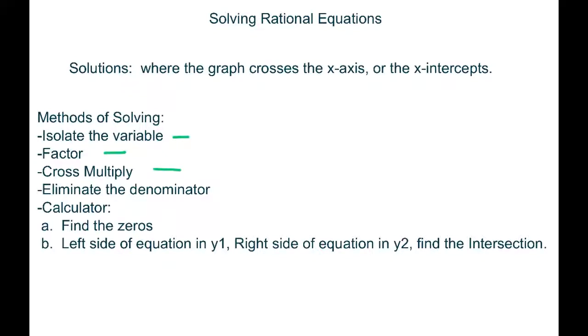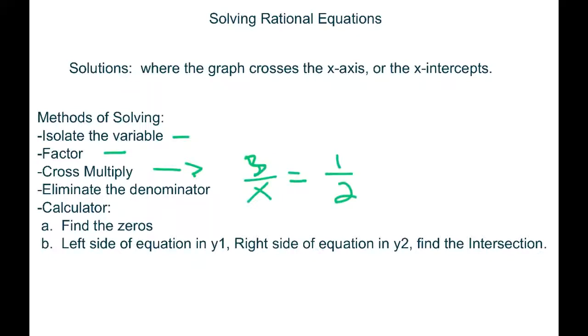This is something that we have done with fractions, remembering that cross multiplying can only be done across an equal sign. For instance, something that looks like 3 over x equals 1/2.